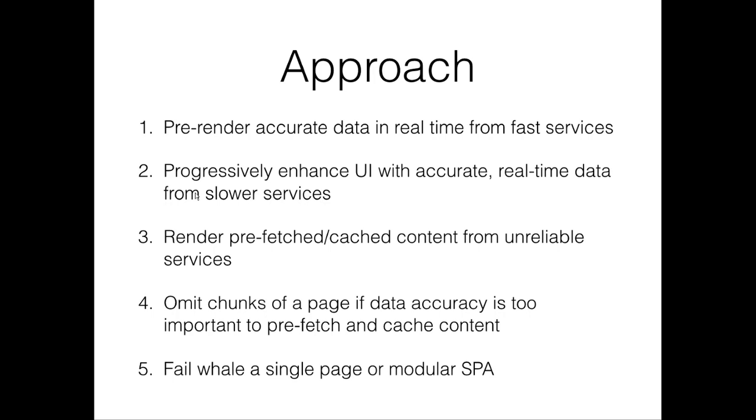What you really don't want to do is set your site up in this monolithic way where a single service is going to bring down the whole site. This is very common, but we don't need to do it anymore, so don't do it. If your sad path is fail whaling your whole site, then go back to the drawing board and figure out a new approach, because that's going to lead to a really poor user experience.